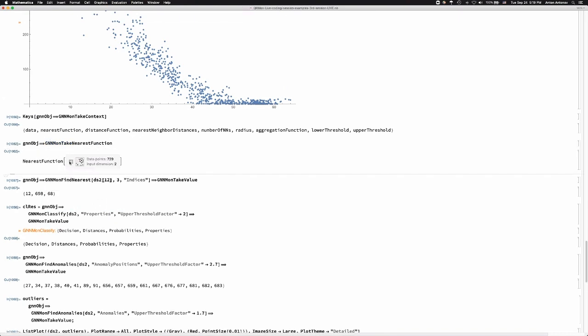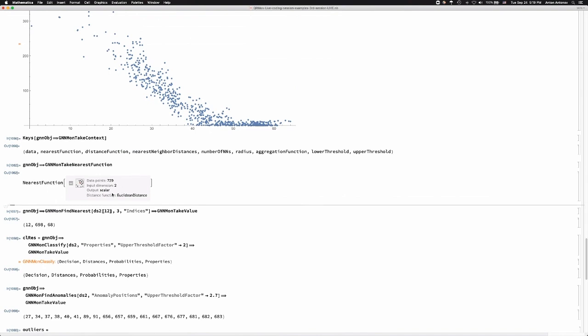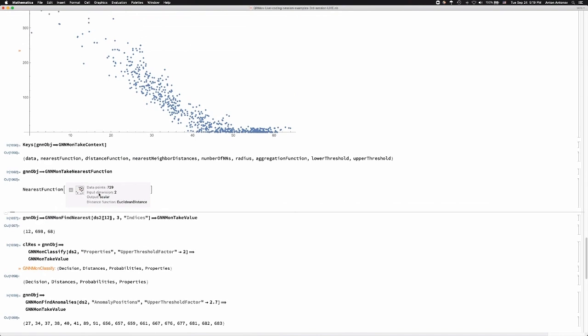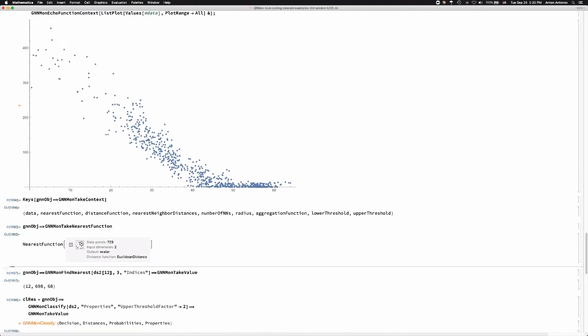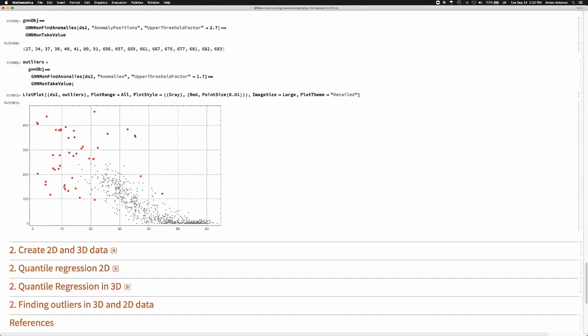This is a nearest neighbors function produced by Nearest, which has been finding the radii based on the Euclidean distance. And yeah, this is how this outlier detection is working.